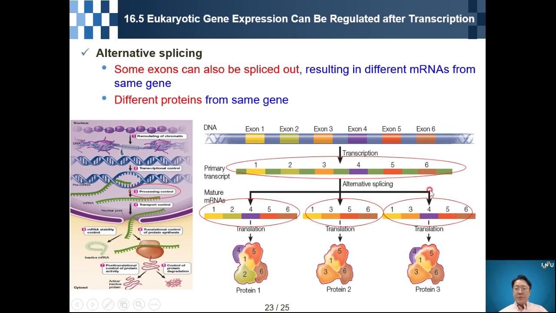It can be translated and will make a different protein. So through alternative splicing, different proteins can be made from the same gene. This is how eukaryotic gene expression can be regulated. Different forms of mature mRNA make different proteins like this.